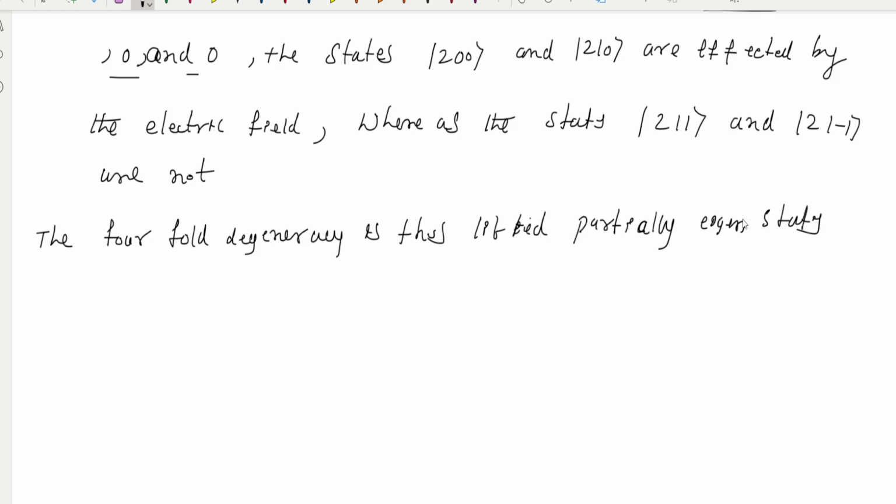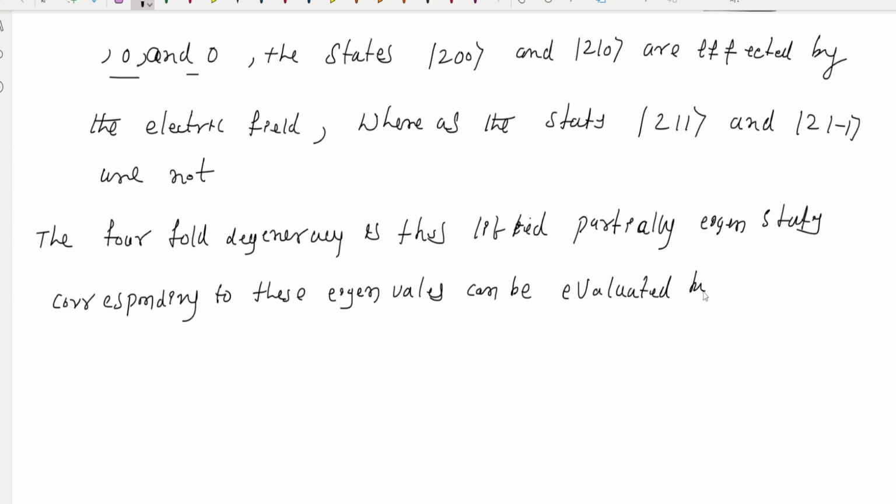The eigenstates corresponding to these eigenvalues can be evaluated by using Cn divided by Cl equal to minus 1 and Cn square plus Cl square equal to 1 relation.